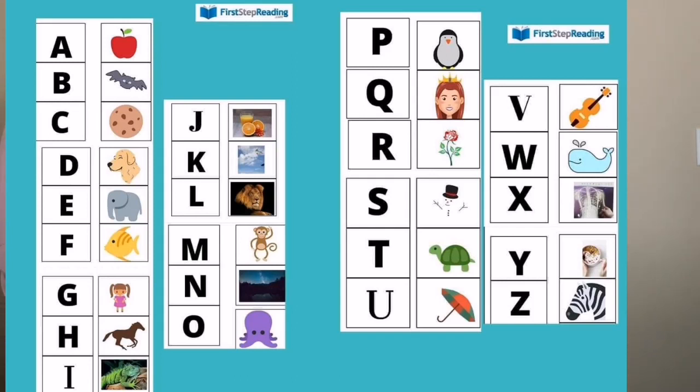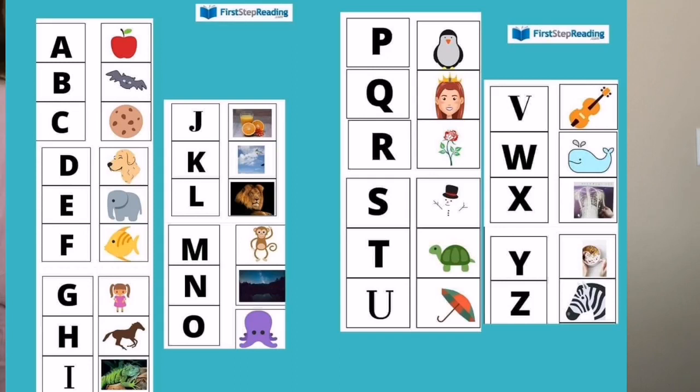The S says s, s, s, s. The T says t, W says wah, wah, wah, wah, wah. The X says x, x, x, x, x. Like violin, whale, and X-ray. The Y says yeah, yeah, yeah, yeah, yeah. The Z says zzz, like yogurt and zebra.